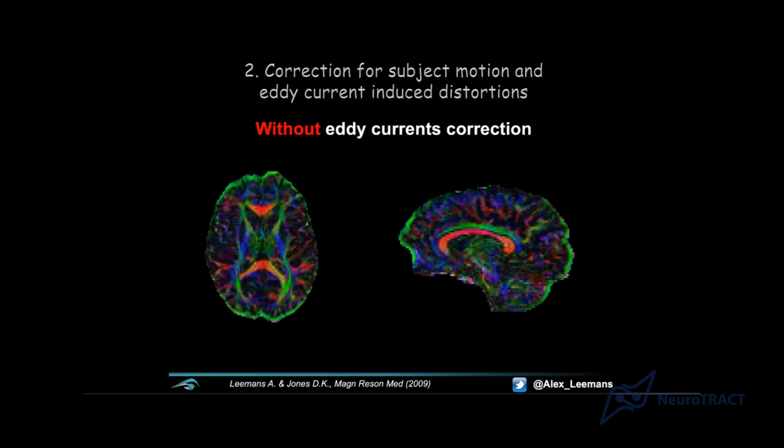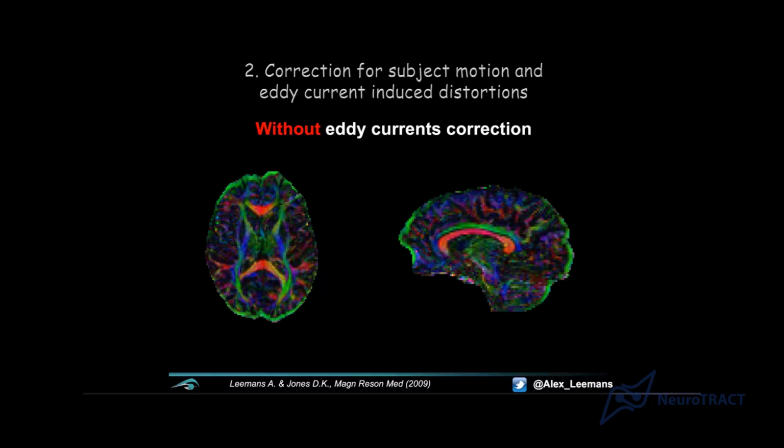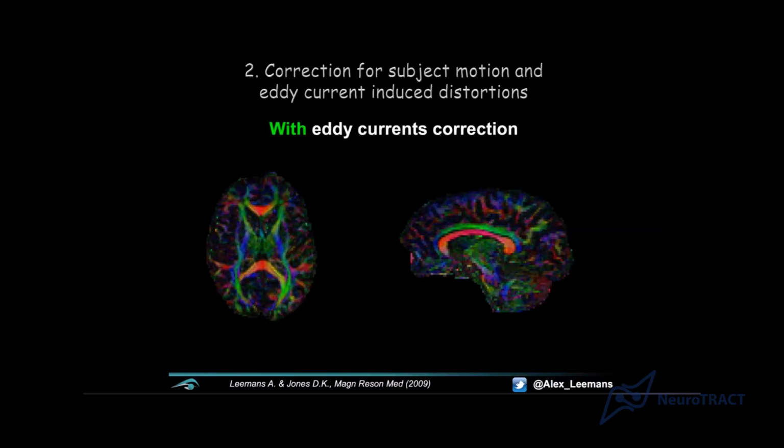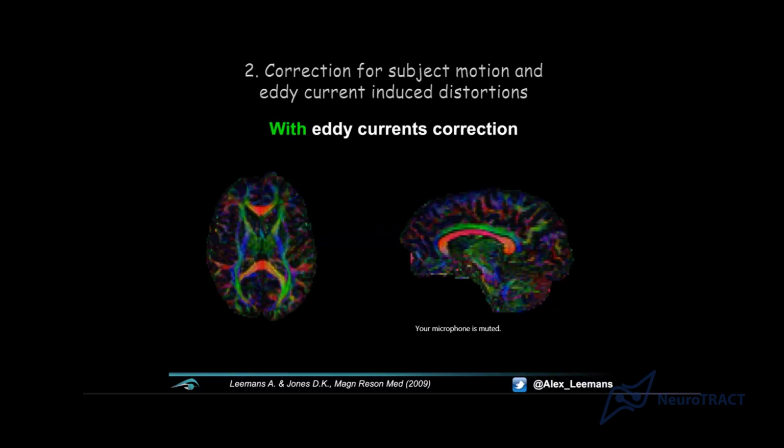If you correct for it, the bright rim disappears, and you can also see the improvements within the brain. So this is without correction, with correction. Focus on any region that you're interested in, and you'll find differences in data quality. So, before and after correction.